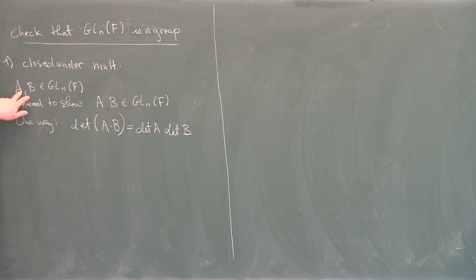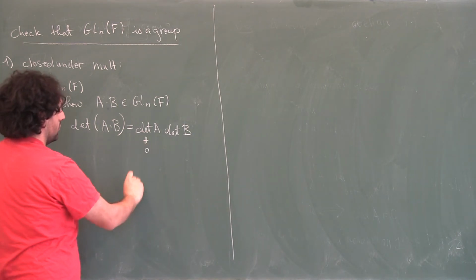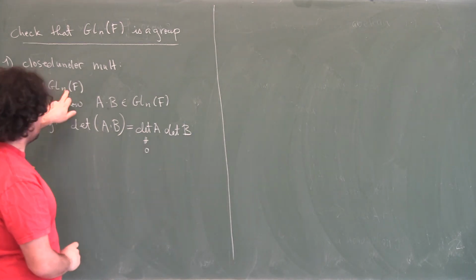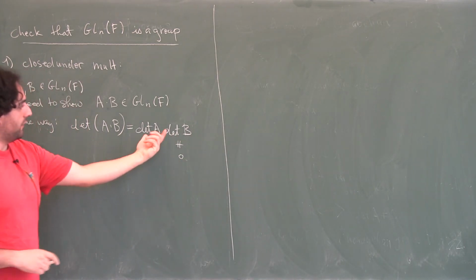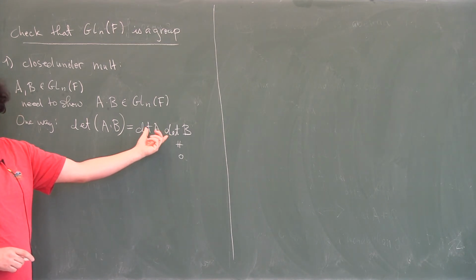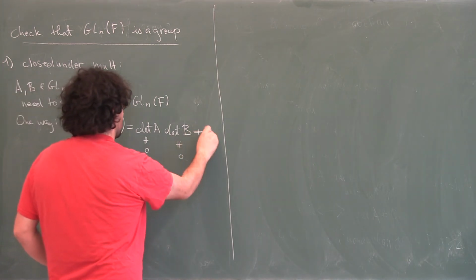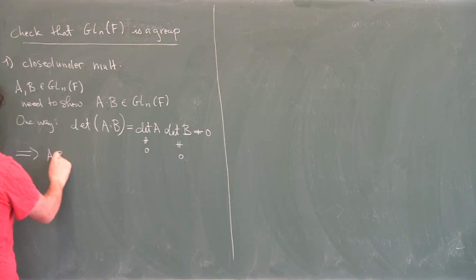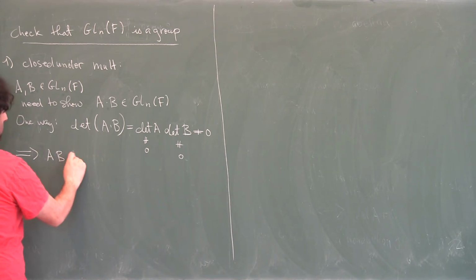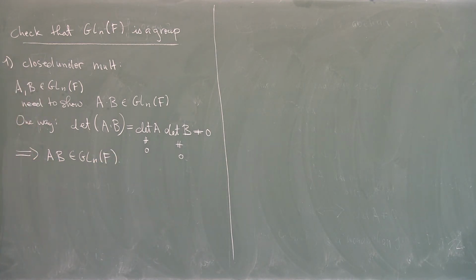And now our assumption that A and B are in GLN of F implies that the determinant of A is non-zero. Our assumption that B is in GLN of F implies that the determinant of B is non-zero. These two elements are non-zero elements in the field F, so when I multiply them, it's also non-zero. And that implies that A times B is again in GLN of F, which is what we wanted.